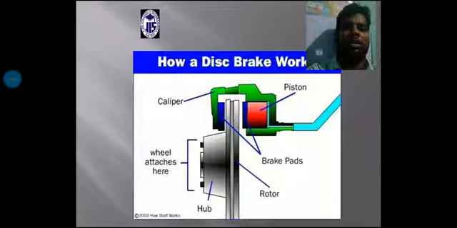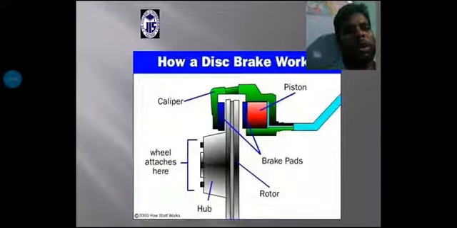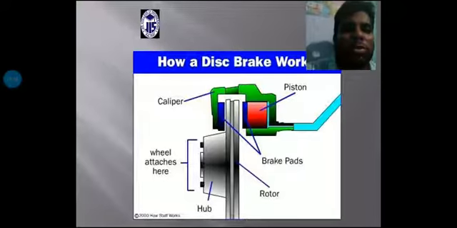and on the left hand side, two blue portions are inside the cylinder piston, and another blue portion is inside the caliper. If I put an external load, that load passes through the pistons, and the pistons press the brake pad, and the pads on both sides are pressed on the disc.